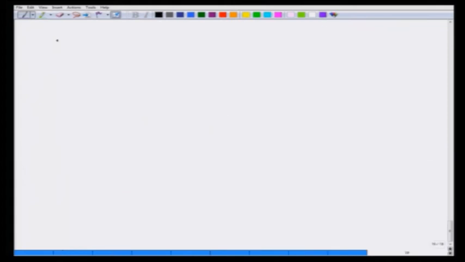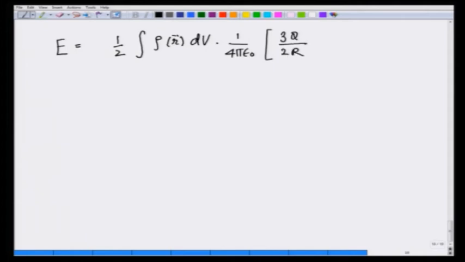Therefore, the total energy is going to be given as 1 half integration rho r, which is a constant, dV, and let me write the potential: 1 over 4 pi epsilon 0 times 3 q over 2 r minus 1 half q r square over r cubed.